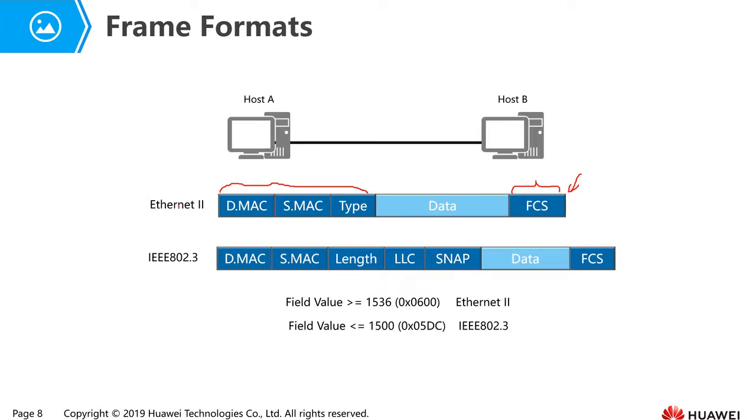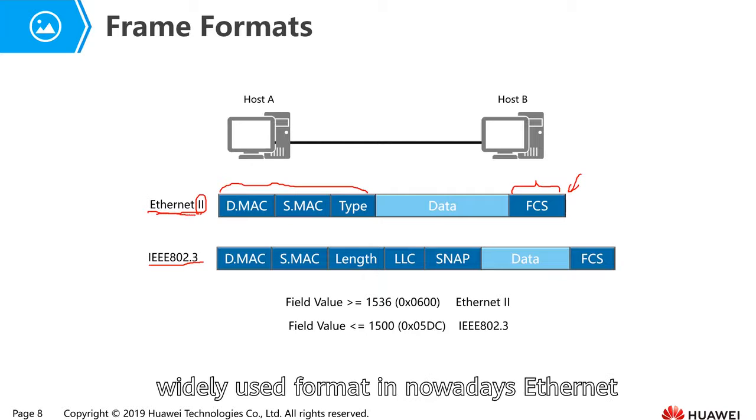And for the header, there are two formats. One format is Ether2. Of course, Ether2 is also the most widely used format in today's Ethernet.